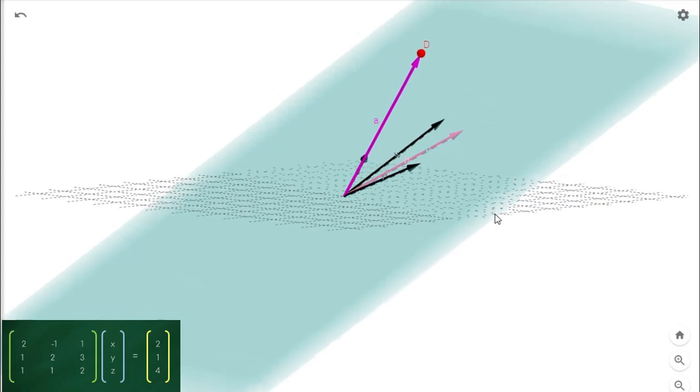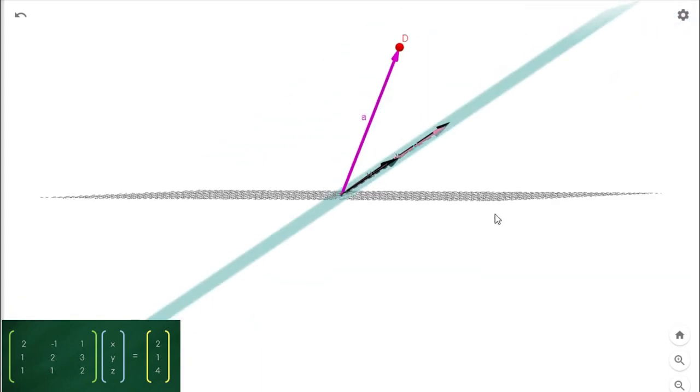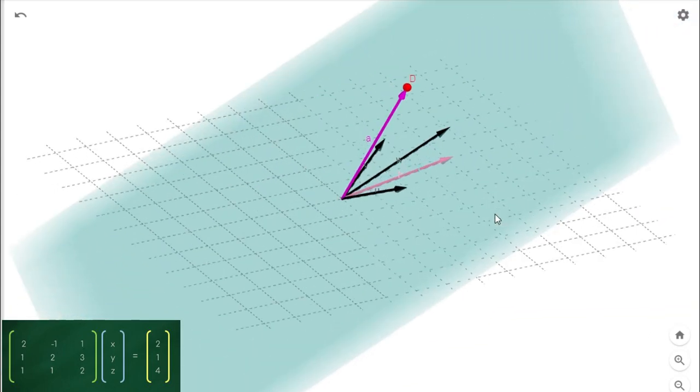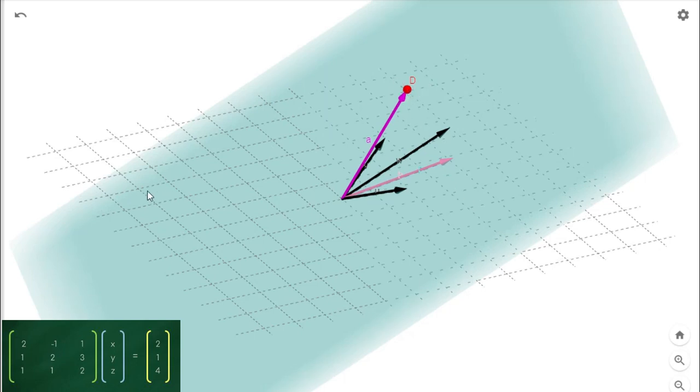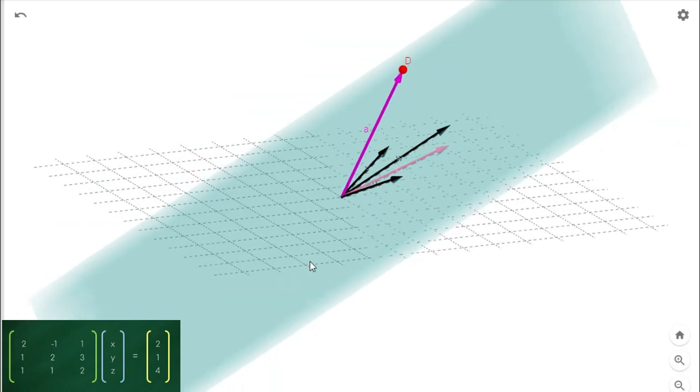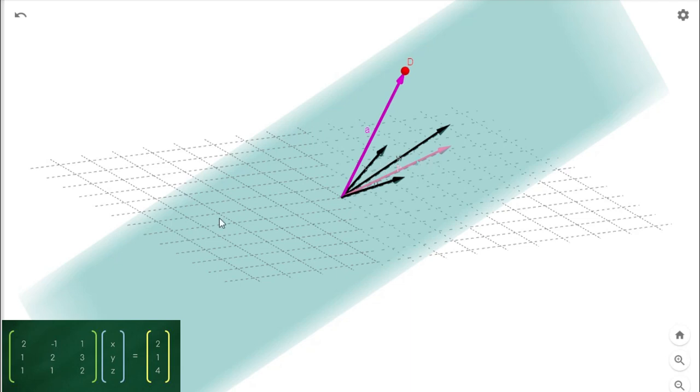I can reach the pink vector because that pink vector, as you can see, is inside the column space. And I think I don't have to explain that the closest vector to this vector inside this column space is going to be this pink one.